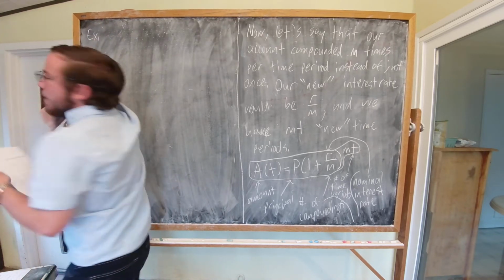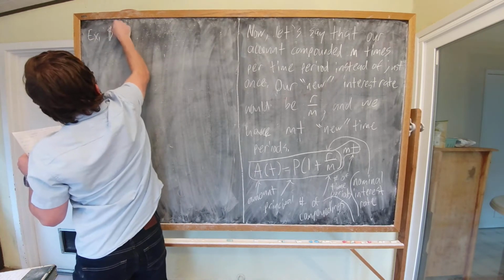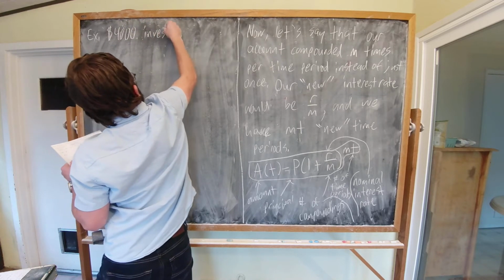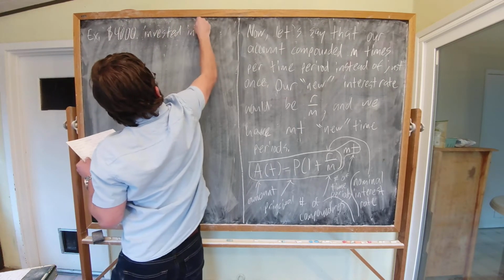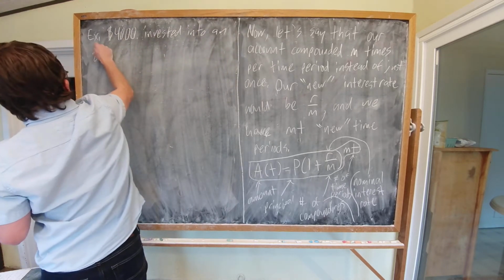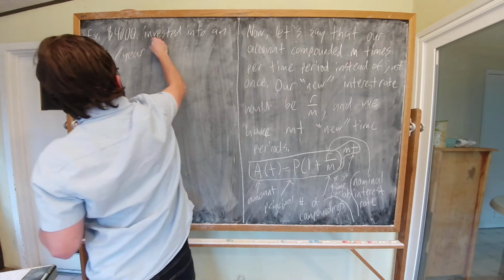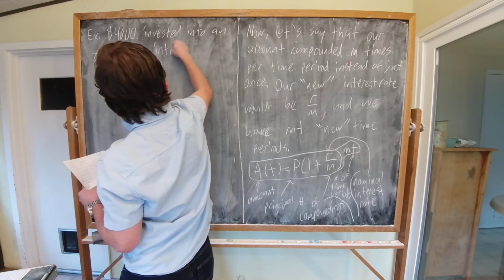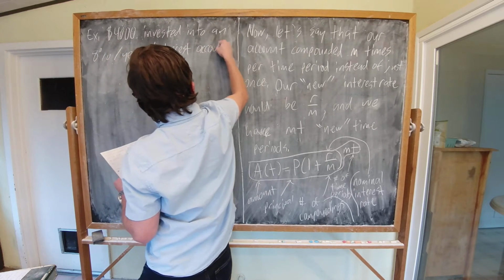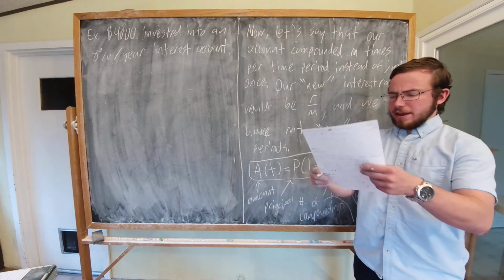In fact, let's go back to our original example: $4,000 invested into an 8% interest rate per year account. Alright, so we have this setup, right?